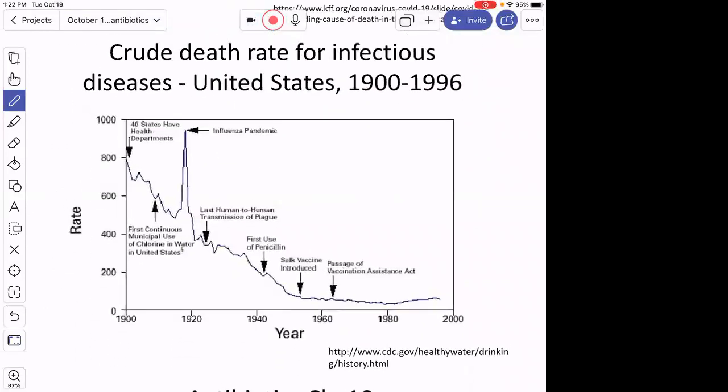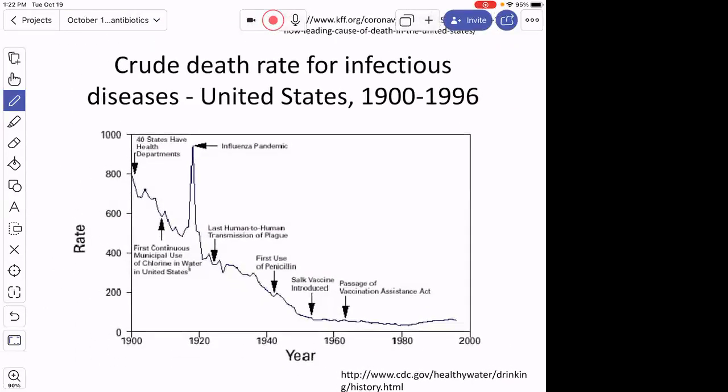And a few more statistics, again, thinking about public health and what has made us successful, until the last year or two, at cutting down infectious disease. Again, this is looking at the crude death rate for infectious disease. Again, kind of old numbers here. But what things have contributed to us making headway here? Well, we started to understand the sorts of things that cause infectious disease.